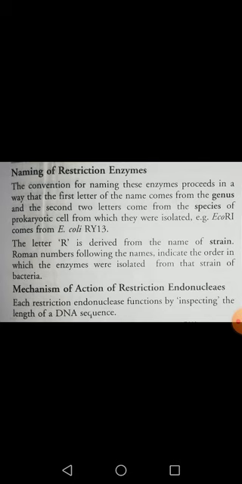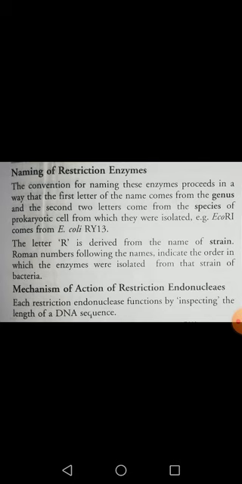Students, the convention for naming these restriction enzymes proceeds in a way that the first letter of the name comes from the genus and the second two letters come from the species of the prokaryotic cell from where they were isolated. Suppose a restriction enzyme was isolated from a bacteria named Escherichia coli.